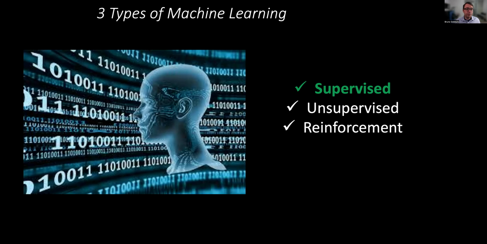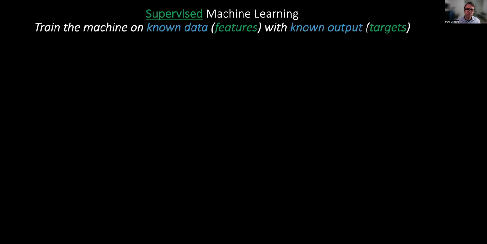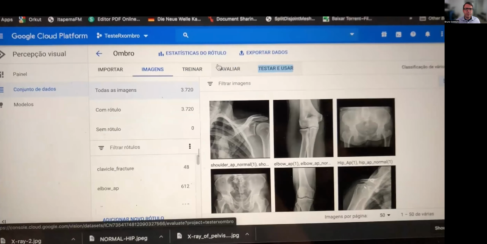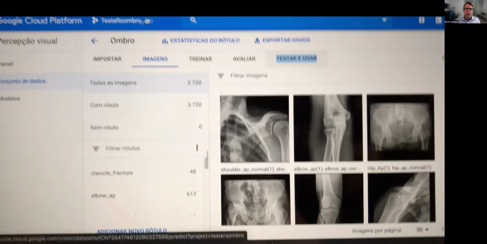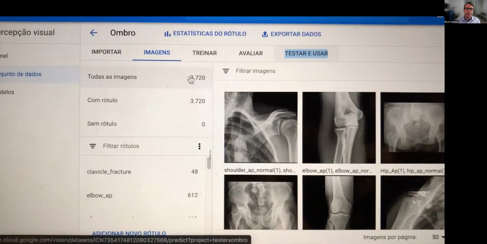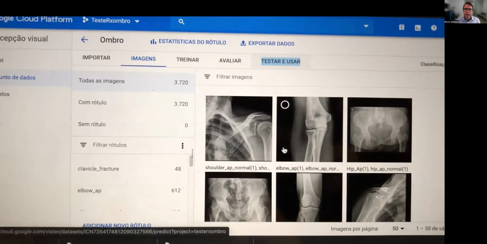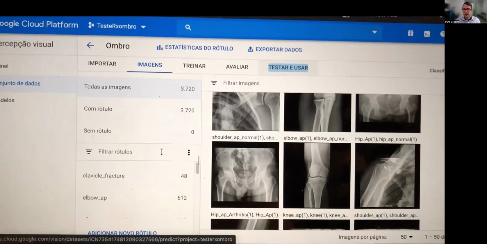We have unsupervised machine learning and then reinforcement. Very simple. This is an example that I did on my home computer. I chose 3,070 images from my clinic, lots of different images.